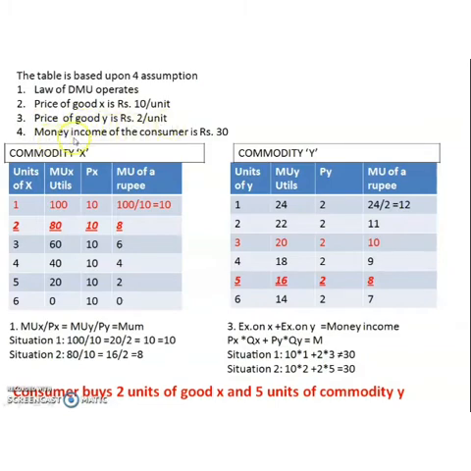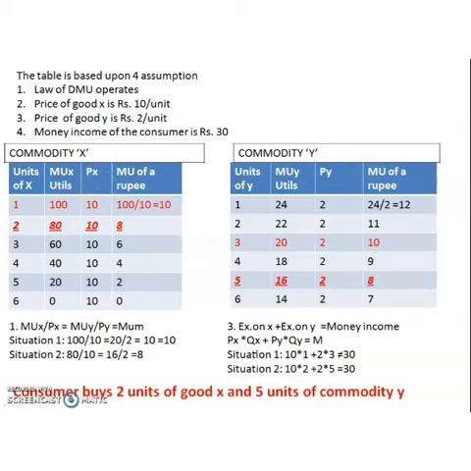And the last one, the money income of the consumer is rupees 30. The first table contains the details of commodity x, and the second table contains the details of commodity y. In the first table, the first column represents units of x consumed, the second column represents marginal utility of x in util terms, and the third column contains the price of commodity x.